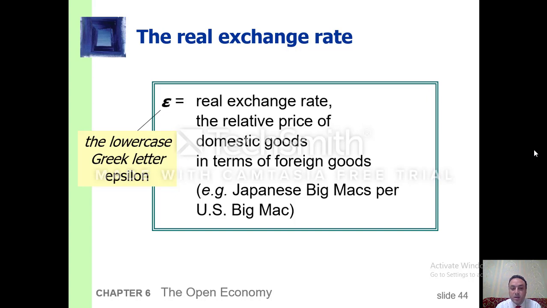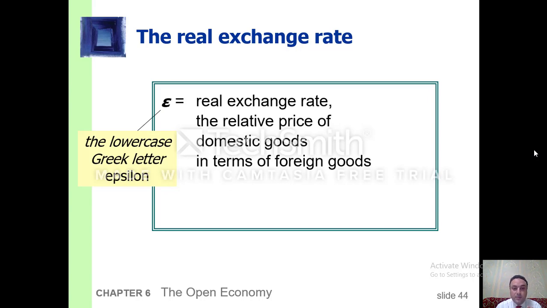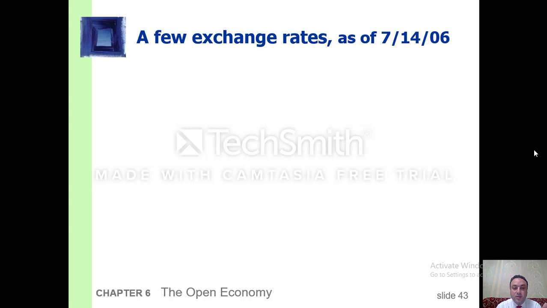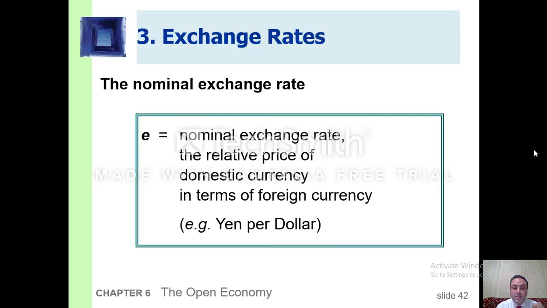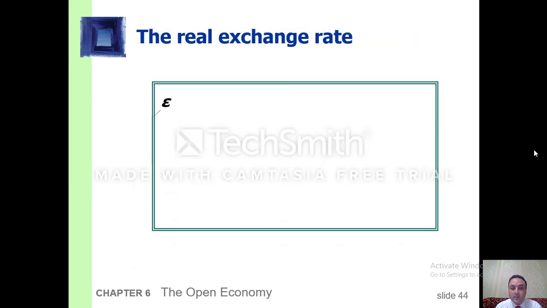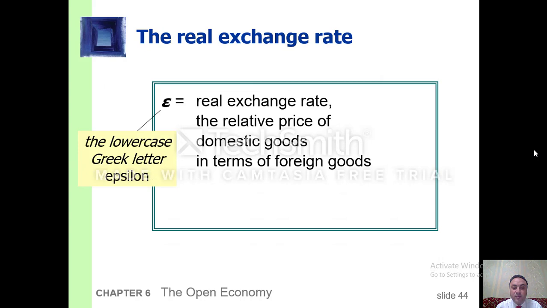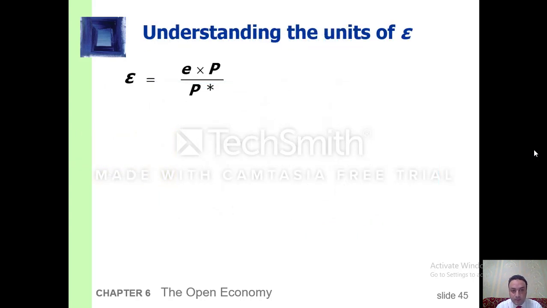There are differences in the relative price of these goods. So this is the real exchange rate. The nominal exchange rate is the relative price of the domestic currency in terms of another currency, but the real exchange rate is the relative price of domestic goods in terms of foreign goods.